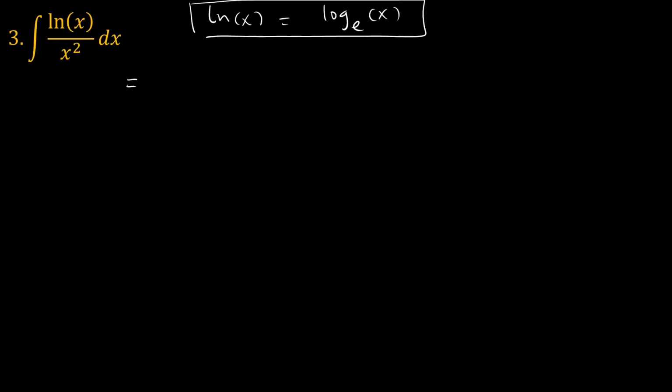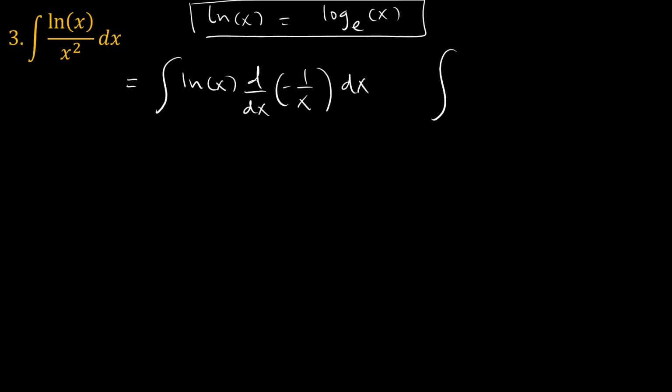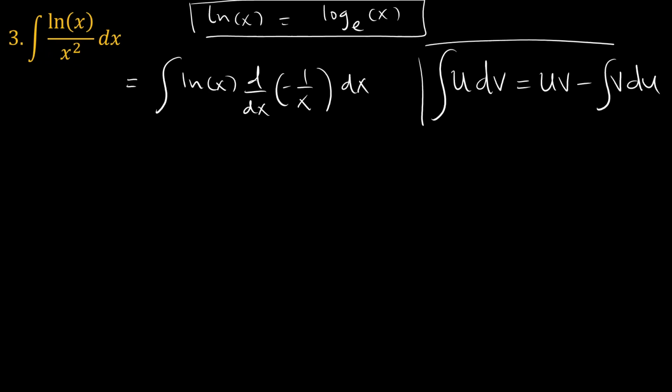So this problem can also be expressed as the indefinite integral of the natural logarithm of x times the derivative of negative 1 over x, right? And so using this formulation where if you have a product of function u and the derivative of function v, that integrated is the same as uv minus v times the derivative of u.